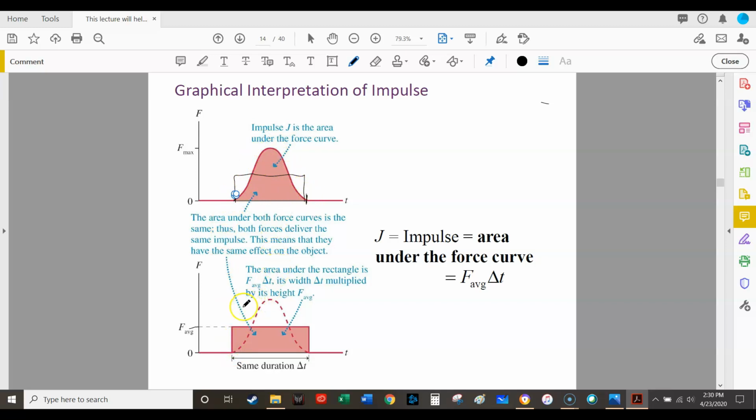So if you find the average force across this entire shape, that average force over the same period of time gives this shape, which is actually just the impulse. So it's a cool way to change something that's a complicated integral into something that's quite easy.